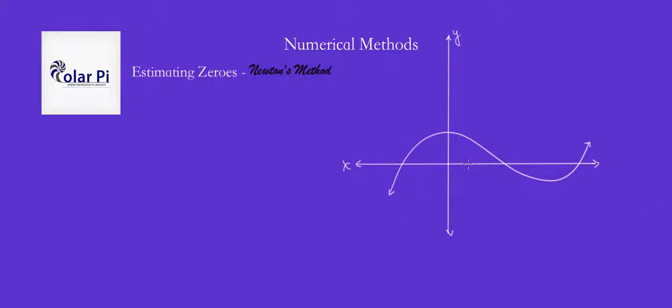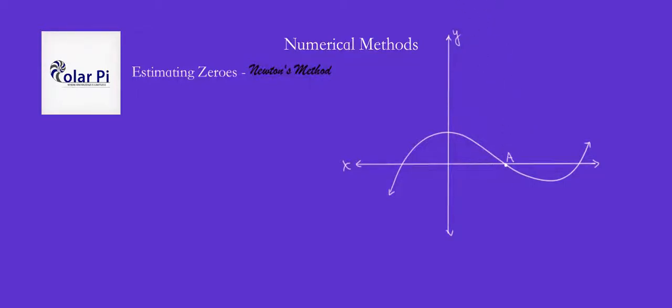Once you assume that the function is differentiable, let's say you're trying to estimate the zero here, and let's say that zero is a. Notice that a tangent line in the neighborhood of a would give a very good estimate of the zero at a.